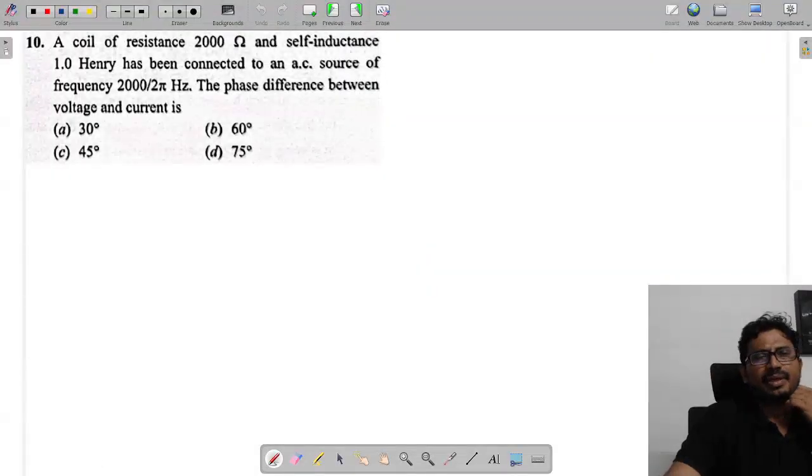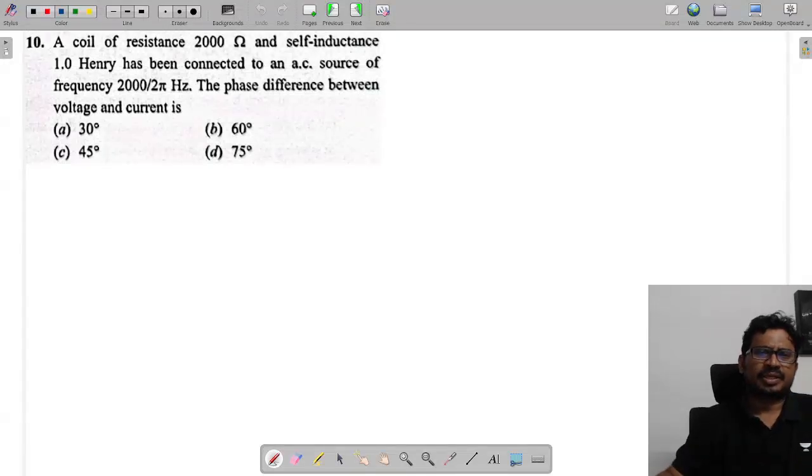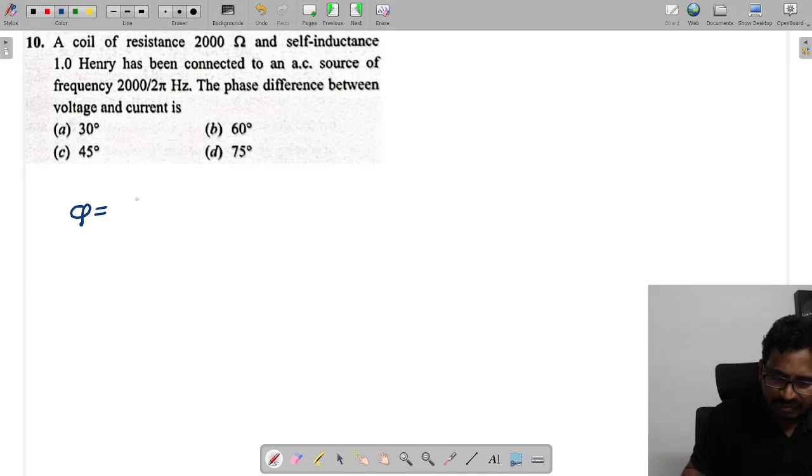Next. A coil of resistance 2000 ohms and self-inductance given 1 has been connected to an AC source of frequency. The phase difference between voltage and current is, that is nothing but the phase angle of impedance, given as XL by R for an RL circuit.